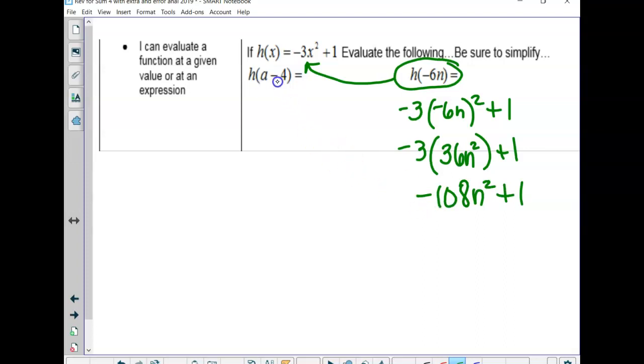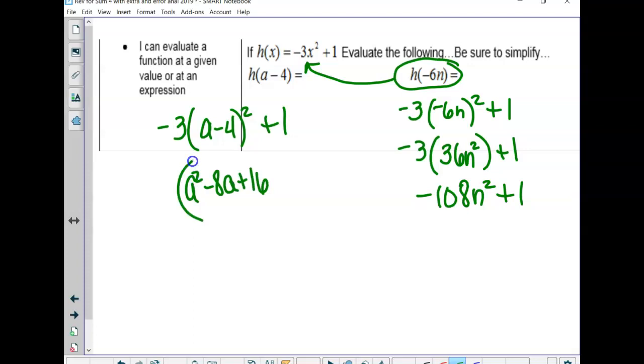Does anybody need me to do the A-4 one? I don't think it's like that on the quiz anyway, but you would have to FOIL it all out first, which is a minus 4 times a minus 4. That's where I got this.